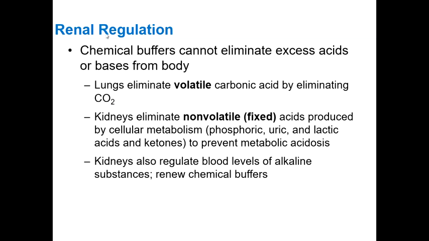But renal regulation, or our kidneys, eliminate fixed or non-volatile, non-gaseous acids produced by those metabolic mechanisms we saw a video or two ago, like phosphoric acid, uric acid, lactic acid, and ketones from breakdown of fats. So these non-volatile or fixed acids can be removed by the kidney to prevent metabolic acidosis. The kidneys also regulate blood levels of alkaline substances and renew chemical buffers.